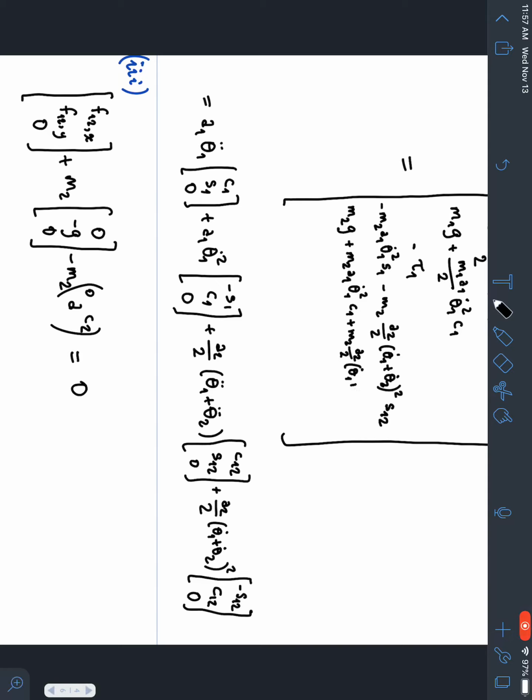So let me write them a little bit better. Theta 2 dot squared times cosine of theta 1 plus theta 2. And those are all the knowns for this third equation, the triple I equation.